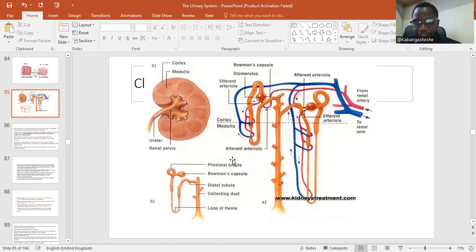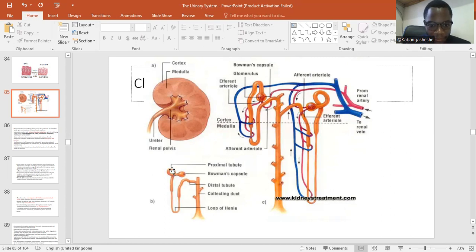The thin part of the loop of Henle transports molecules by passive transportation, which can be diffusion or simply osmosis. But in the thick ascending and thick descending limbs, some form of energy is required to transport molecules across. All right.